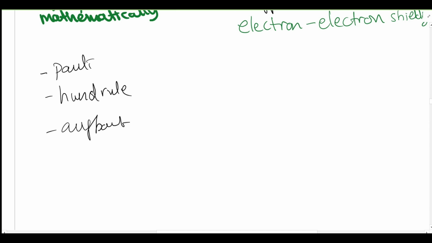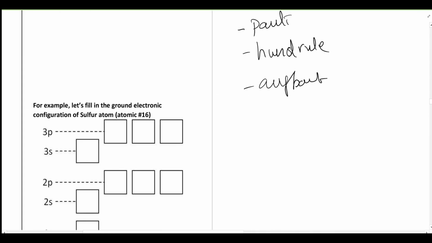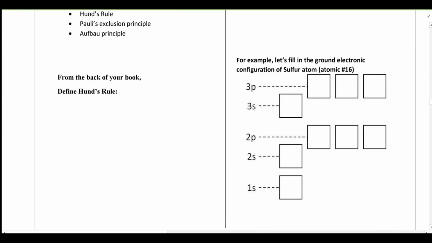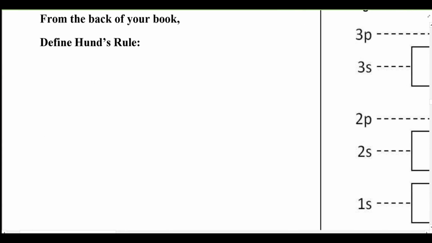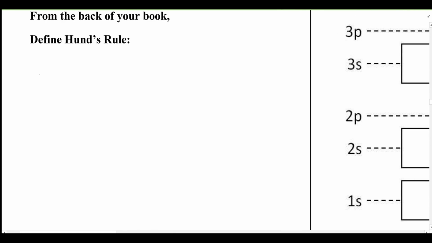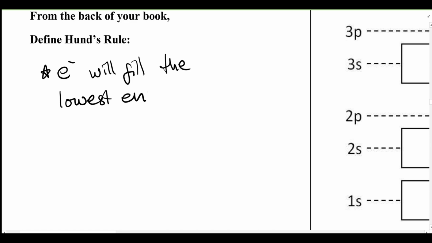They're not really rules, but more like a trend. So here are the three things that are important. The Aufbau principle is pretty straightforward. Electrons will fill the lowest energy first.